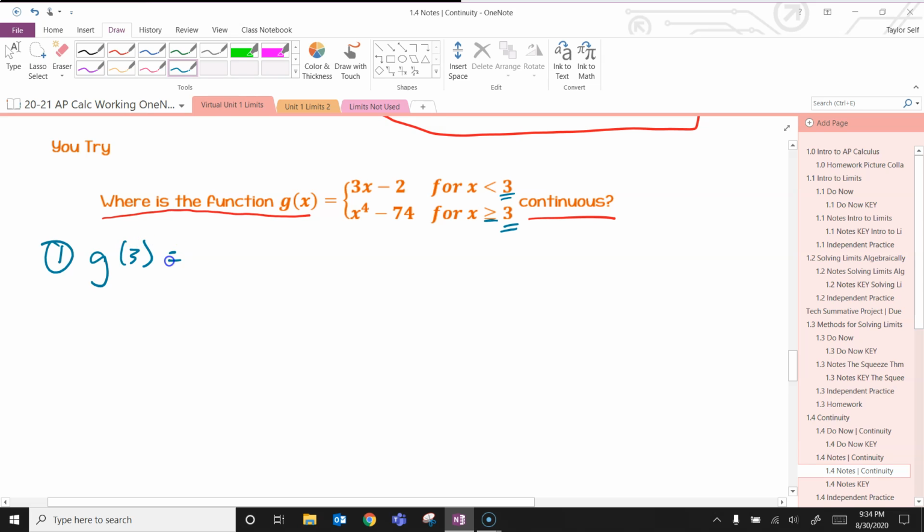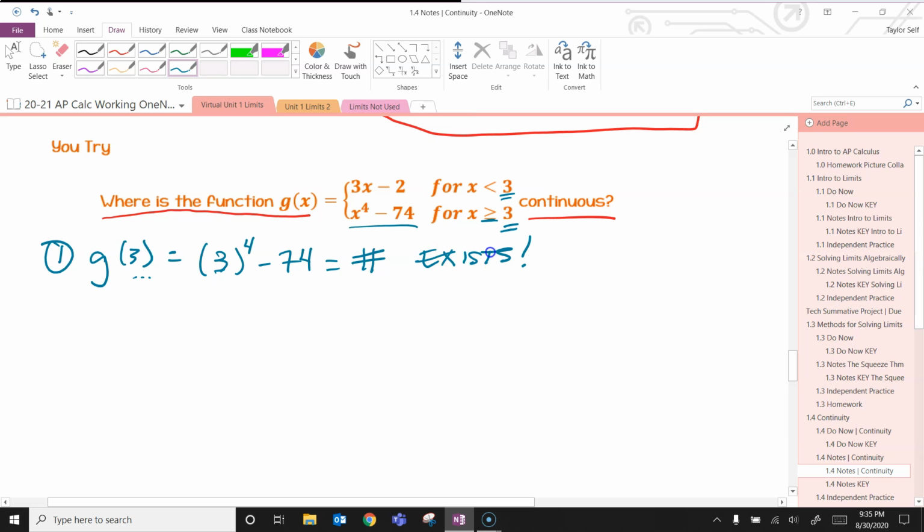Well, x is allowed to be equal to 3 in this piece, so we're going to use this piece to plug in 3. So we get 3 to the 4th minus 74. Okay, do I care what that number is? No, that's a number. So does g of 3 exist? Yes, g of 3 exists.